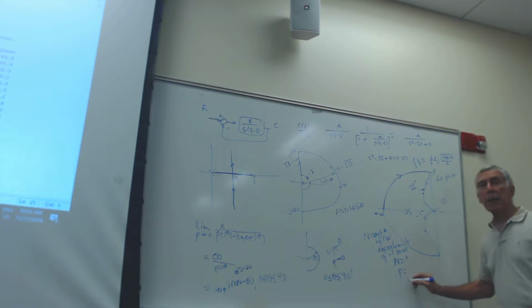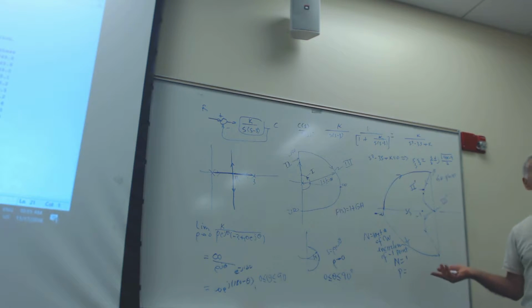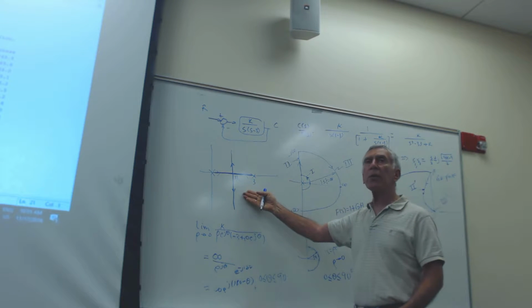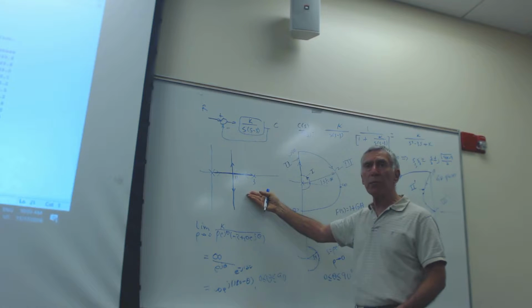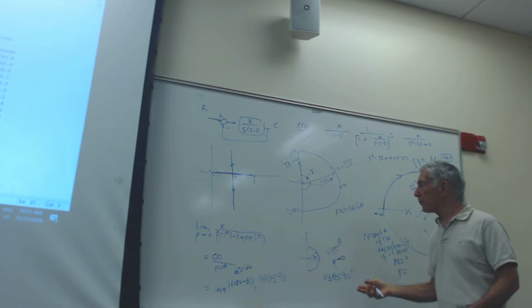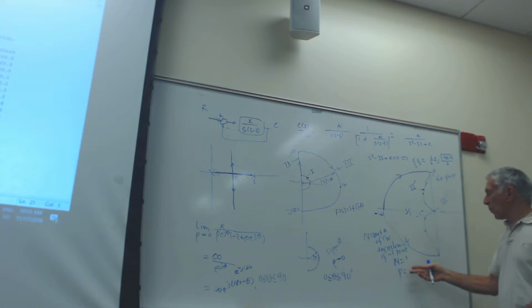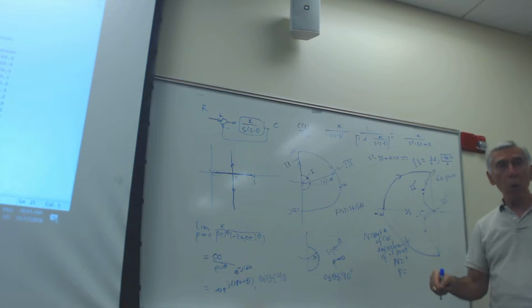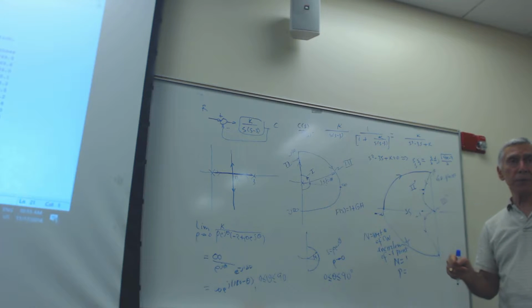And so what we want to do here is determine whether it's stable or not. From this root locus, we know it's always unstable for k greater than 0. What is p? It's the number of right half plane poles of the open loop transfer function.